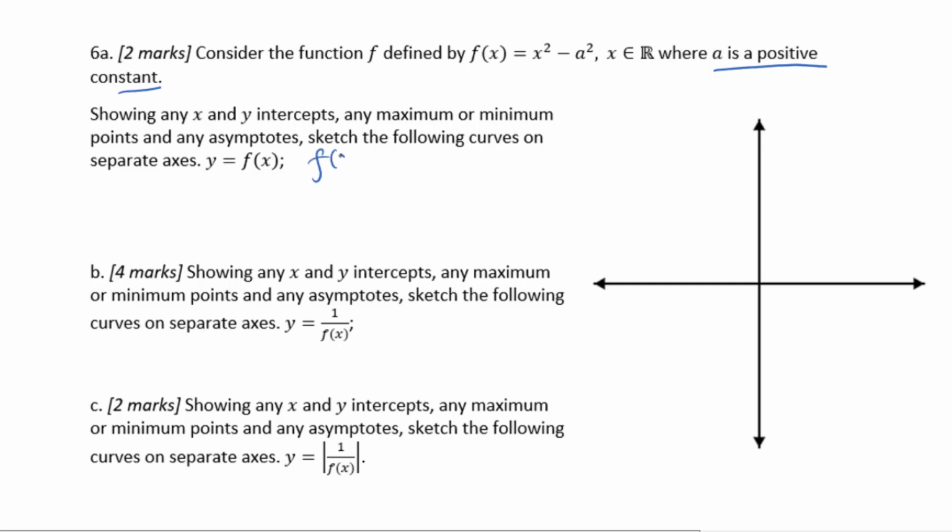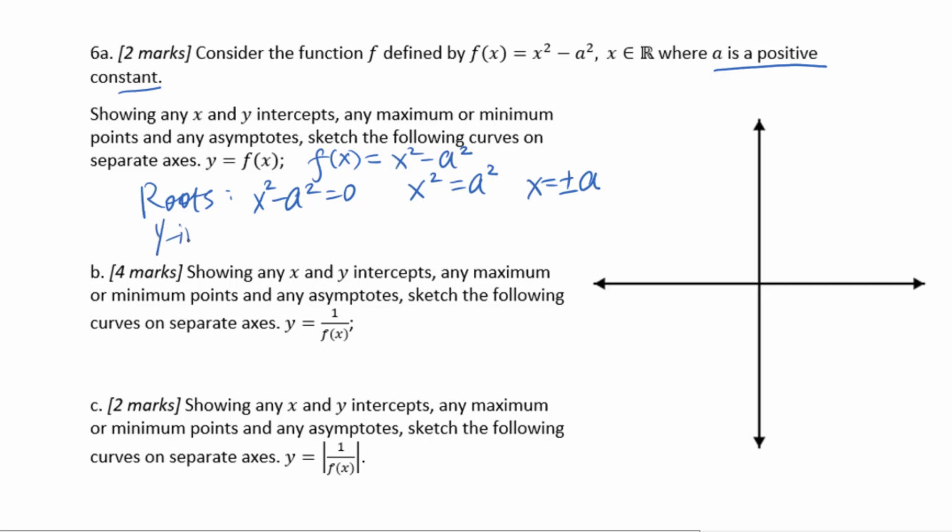For f of x equals x squared minus a squared, we can figure out the roots. x squared minus a squared equals 0. So x squared equals a squared. x equals plus or minus a.